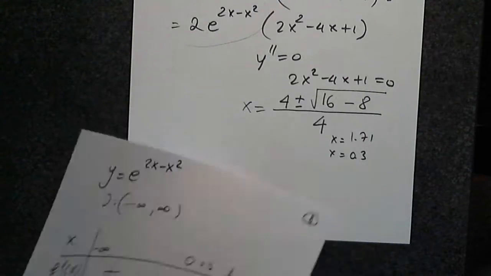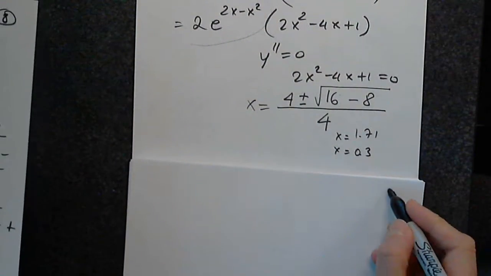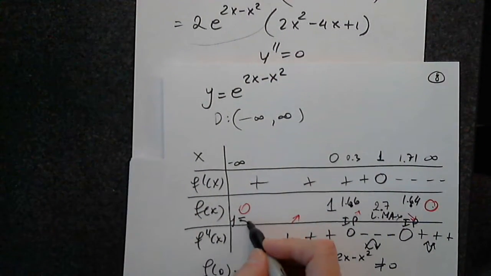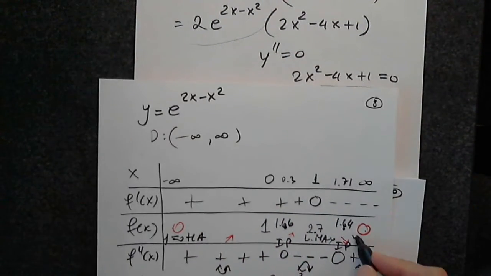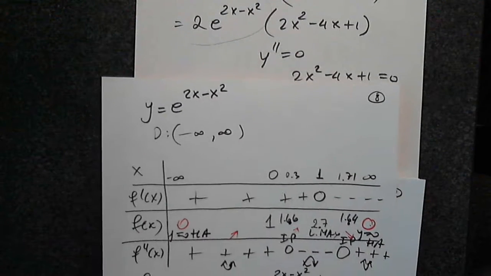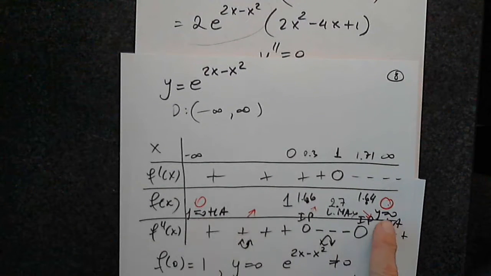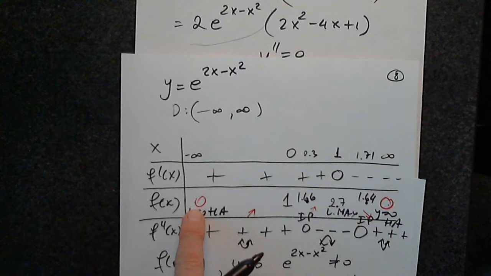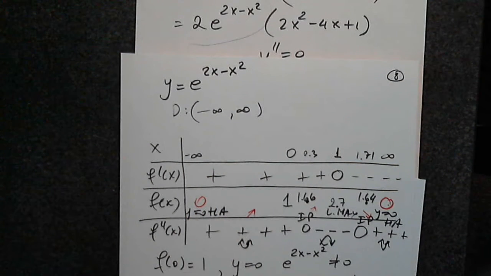Okay? So now we graph. y equals 0 is a horizontal asymptote, as x goes to negative infinity and the function approaches 0. Same here. Good.